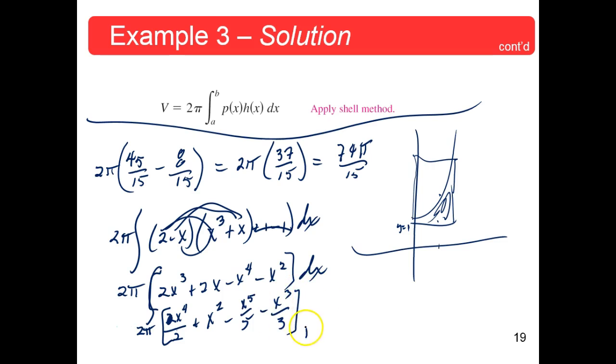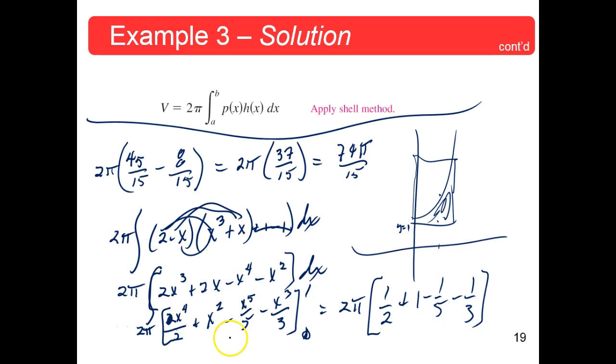And then when you plug that from 0 to 1, you get 2 pi times 1/2 plus 1 minus 1/5 minus 1/3. Okay. I think so. Yeah.